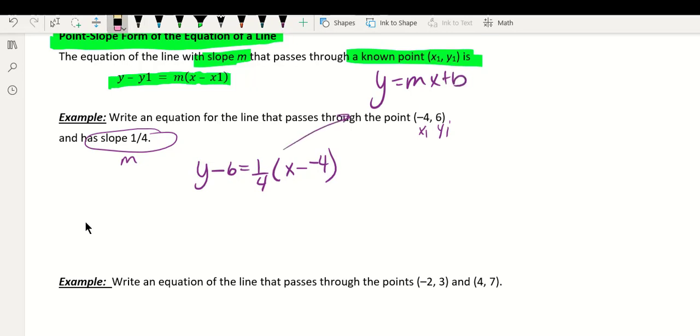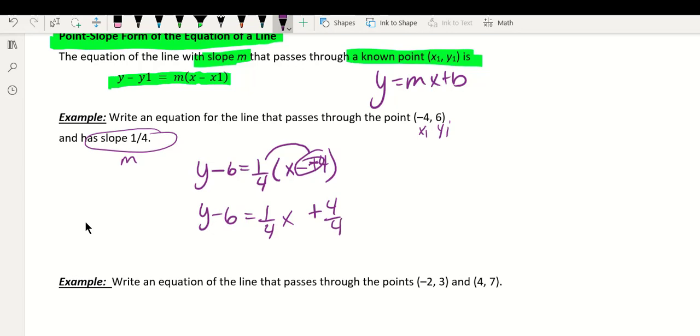So we have to simplify. So I would distribute the 1/4 and say y minus 6 equals 1/4 x, right? Two negatives make a positive, times, what is that? 4 over 1. So that'd be plus 4 over 4.